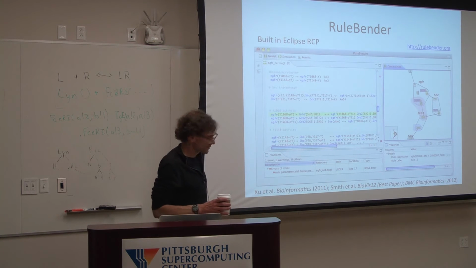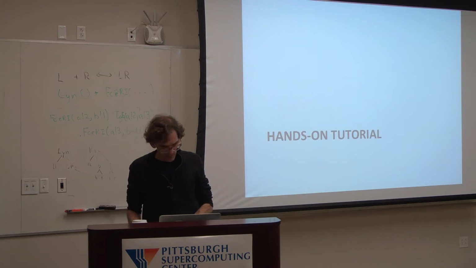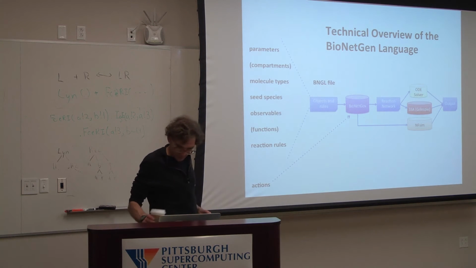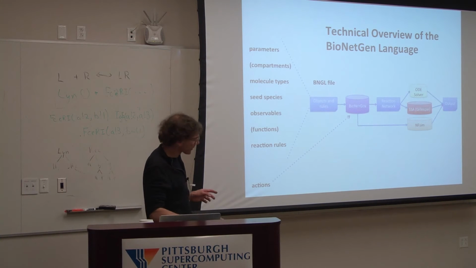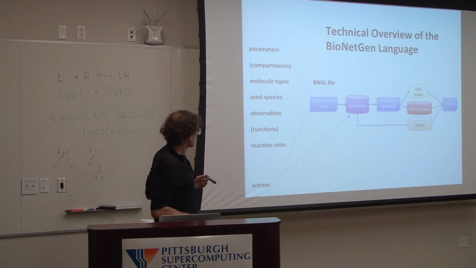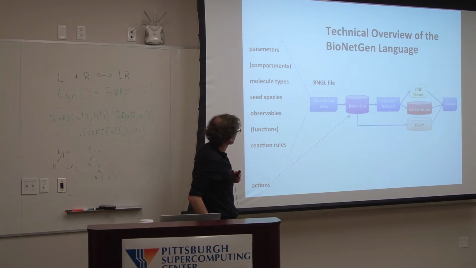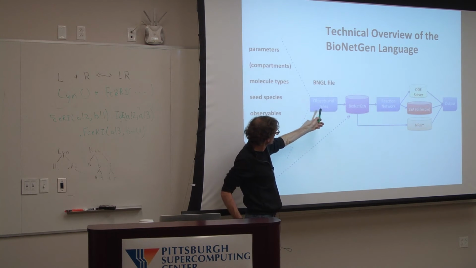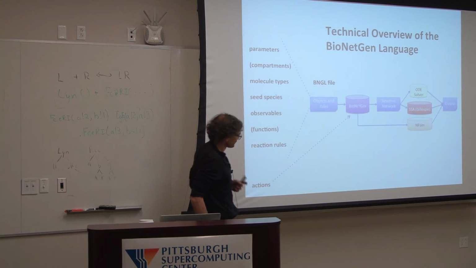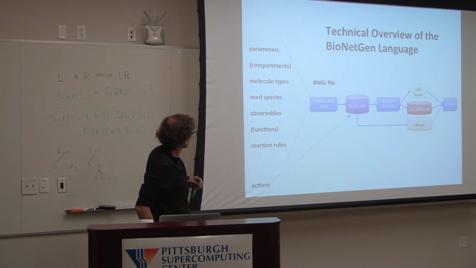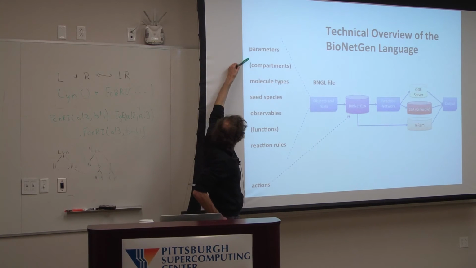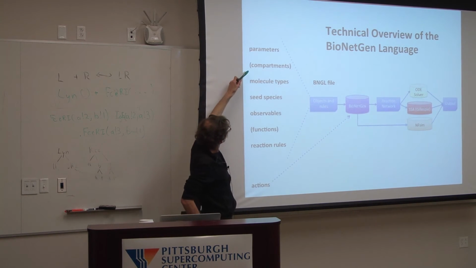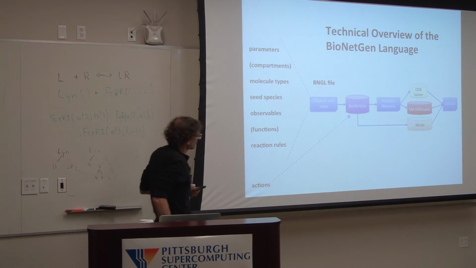So that's the goal, and the model in a nutshell is shown here. So what are the basic syntactic elements of a BioNetGen model? I've talked about defining molecules or objects and rules as being the central focus of the BioNetGen model, but there are actually all of these different blocks, different components, and the ones in parentheses are optional components of the BioNetGen model.